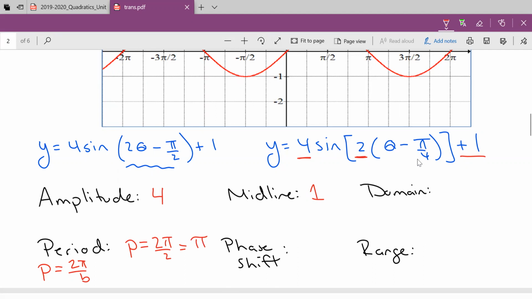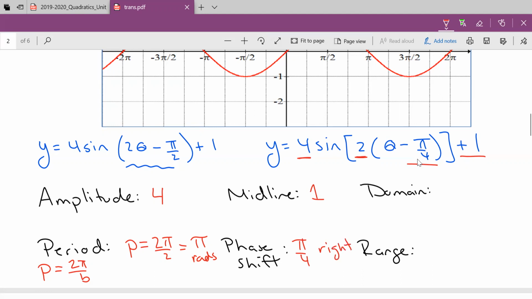My original period is 2 pi. So if I horizontally stretch by a half, my new period is 1 pi radians. Okay, maybe I'll even put radians there. I like to write that. Phase shift, this is the new part today. The other way to say phase shift is horizontal translation. So we're going to move pi quarter units to the right.